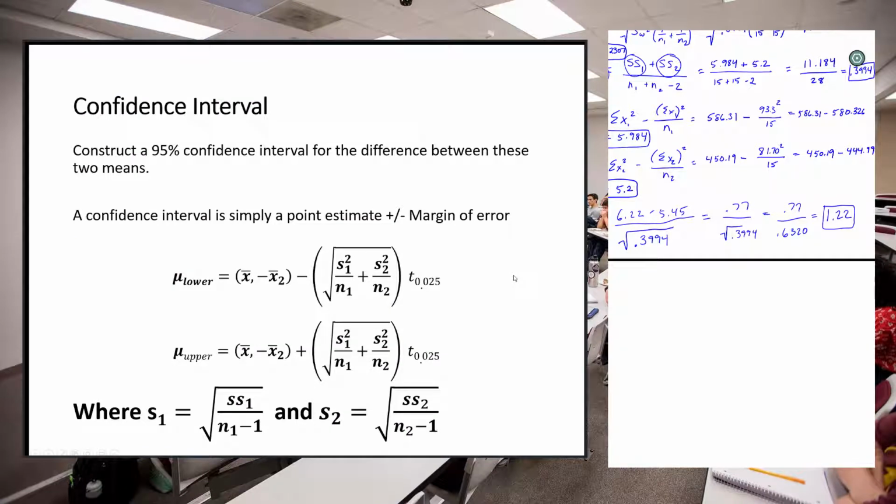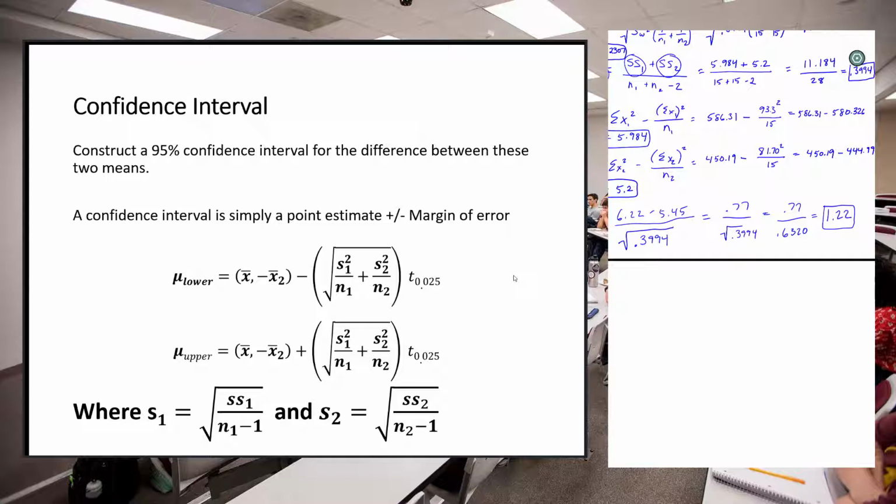So the confidence interval formula is conceptually still the same. However, it's mathematically slightly different. So we want to be able to construct a 95% confidence interval for the difference between these two means. And remember, a confidence interval is simply a point estimate.